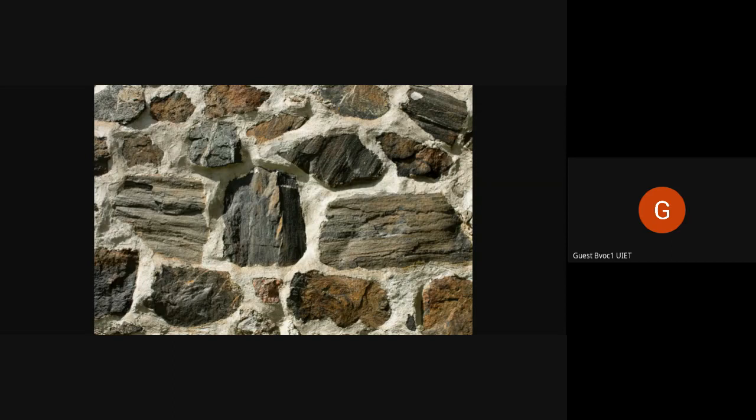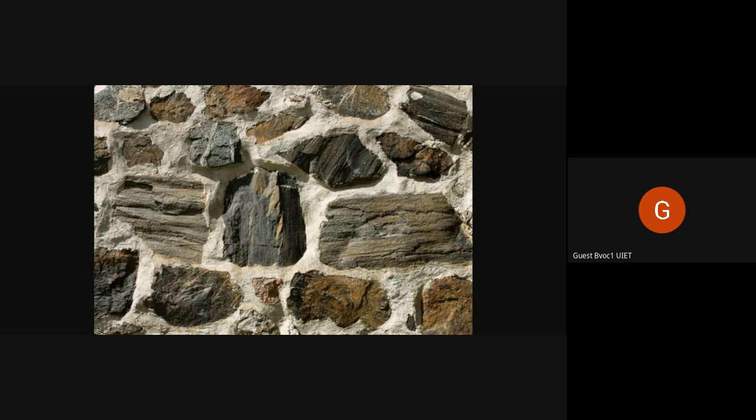And a second type is frame structure. Frame structures are basically what we see today. There are columns and there are beams and a slab that rests on top of the beams.